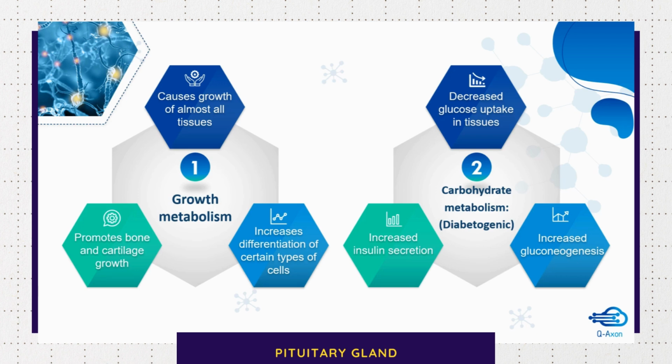The fact is that growth hormone causes insulin insensitivity, that is insulin resistance. So in spite of increased insulin secretion, there will still be increased blood glucose level. So that is why the effect of growth hormone on carbohydrate metabolism is said to be diabetogenic.